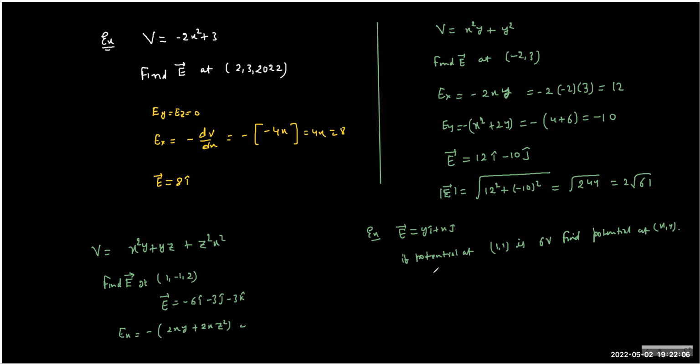All right. First of all, the formula that we need to apply is very simple. Delta V equals minus integral E dot dl. Now we can convert this into components because we have two variables.